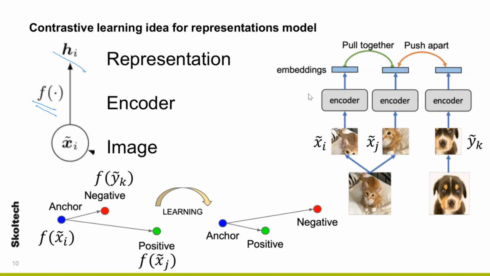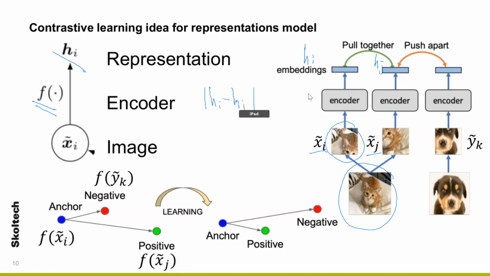So we say, okay, we have the initial image. Let's apply some transformations to it to keep the semantics the same. For example, we apply a crop of these images. So we have one image X_i and another image X_j. And after application of the encoder, when we have the embeddings H_i and H_j, we want them to be close to each other. H_i minus H_j should be small.